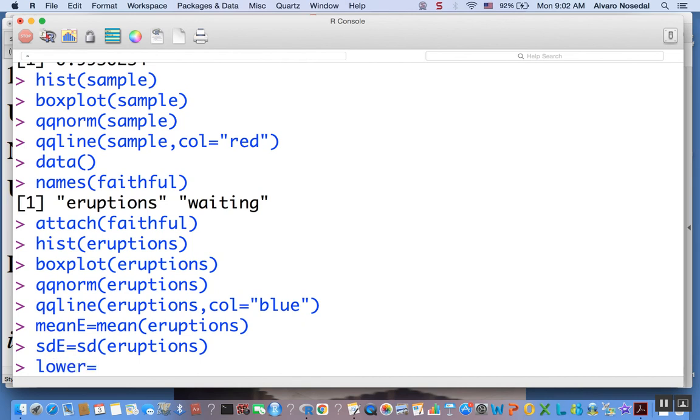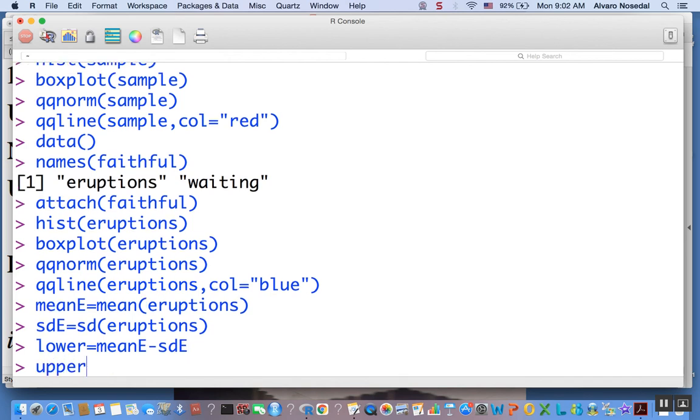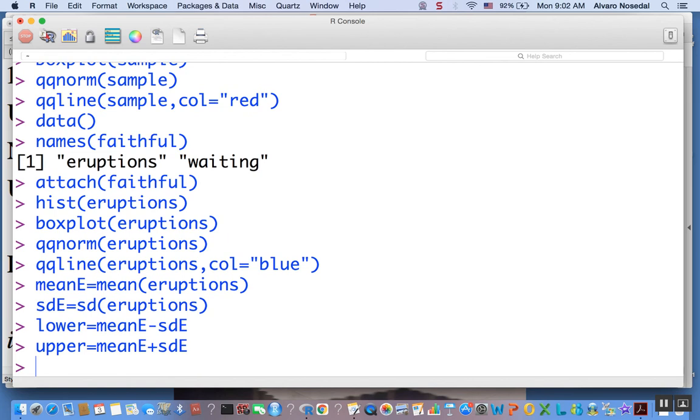We know that the first part, the 68% part of the rule, is that between the mean minus one standard deviation and the mean plus 1 times the standard deviation, we should have roughly 68% of our observations, right?